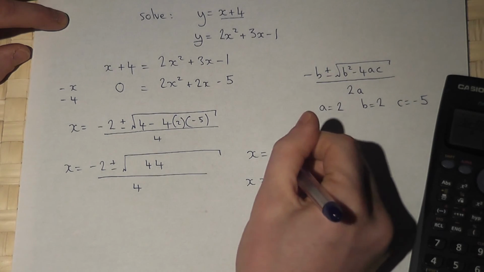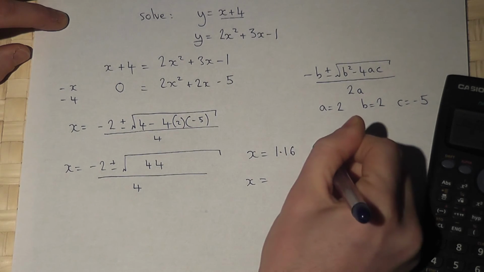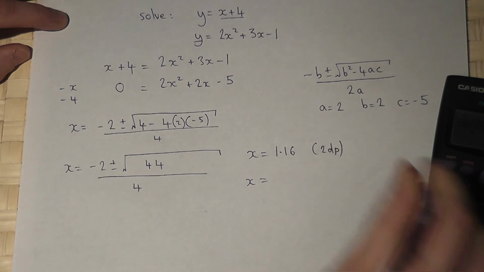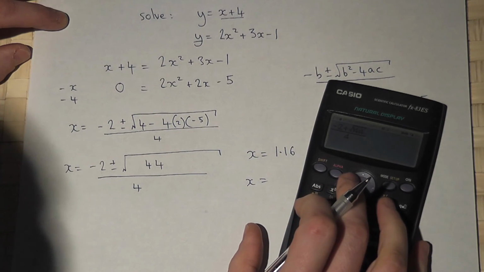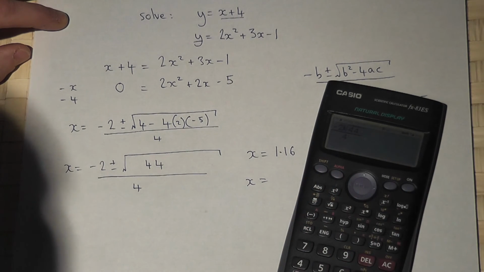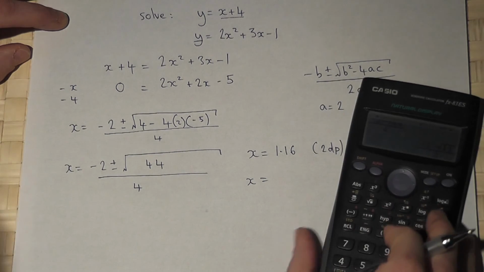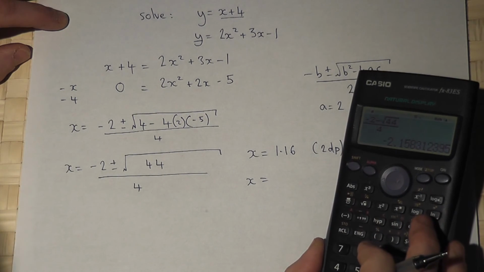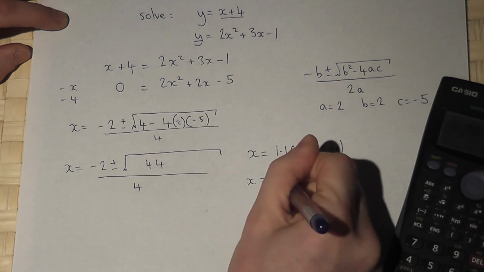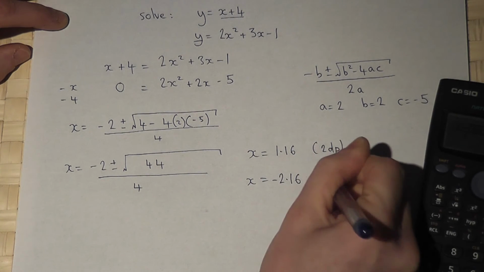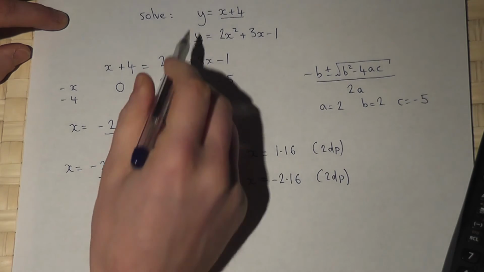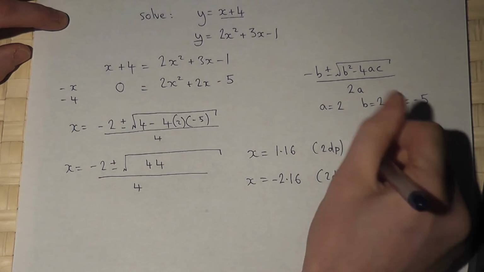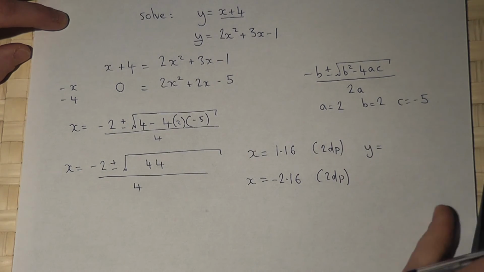1.16 to 2 dp, or I can change it to a minus root 44, and I get the answer of minus 2.16 to 2 dp. And then to find y, I will then just add 4 to these values.